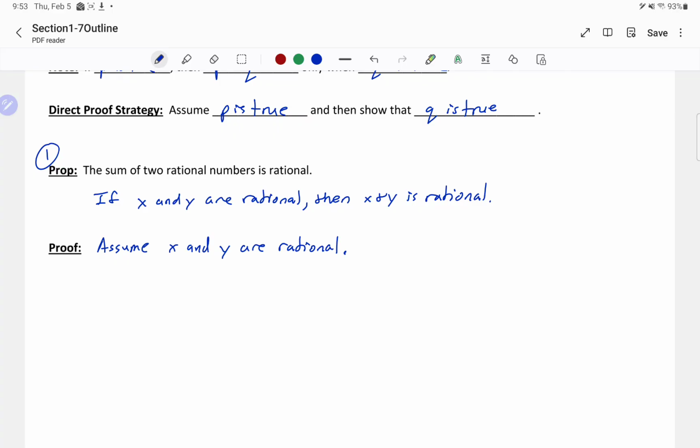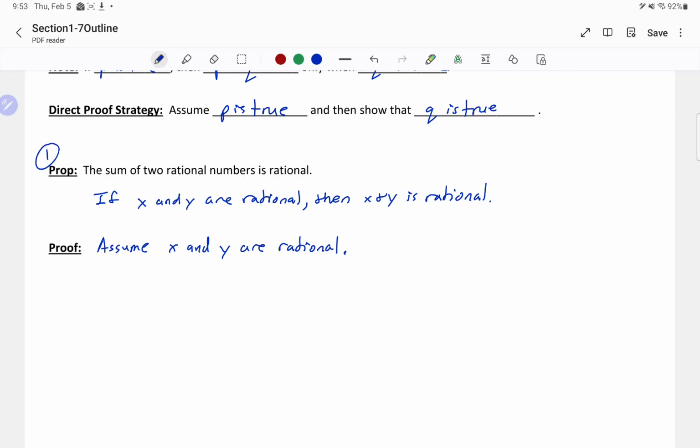What can we say from that? If that's all we know right now, X and Y are rational, what's the next thing that we can say about X and Y? X equals A over B, where A and B are integers. Exactly. We're going to just take the next logical step.